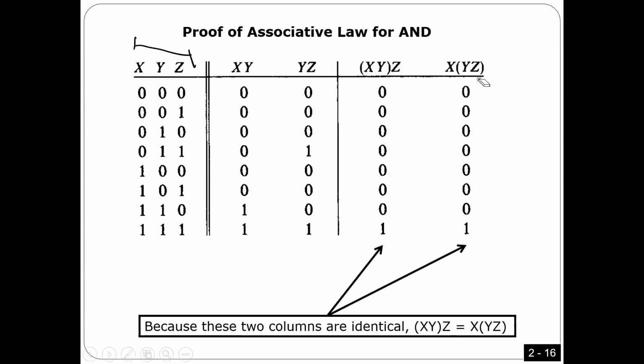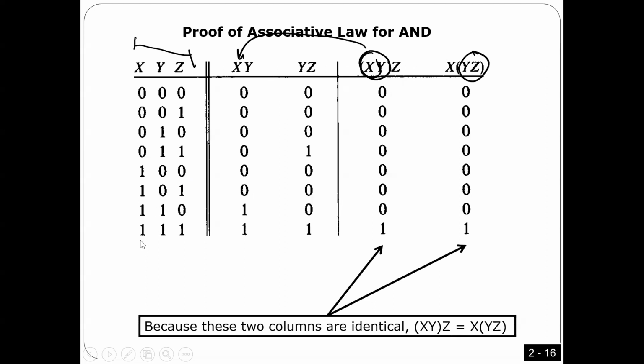Then I'm going to calculate x AND y alone in this column, and then y AND z in this column. Because this is AND, we have 4 zeros here, 4 zeros here. Here we have 0 and 0, so it should be 0 and 0. Just look for the zeros.